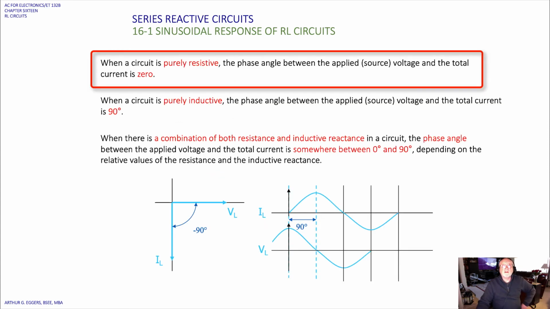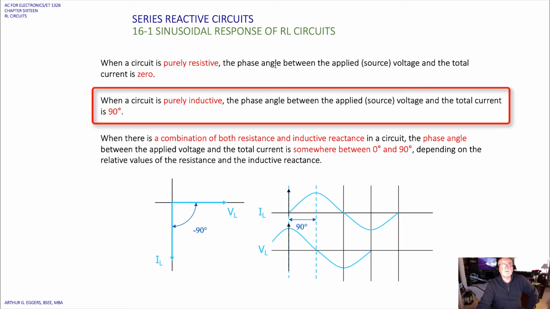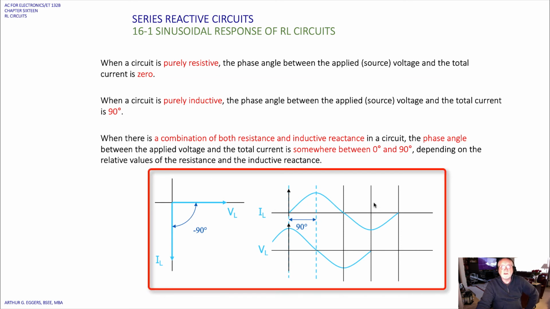When a circuit is purely resistive, the phase angle between the source applied voltage and the total current is zero. So there's no phase angle with just a resistor, and we've seen that. When a circuit, though, is purely inductive, the phase angle between the applied source voltage and the total current is 90 degrees out of phase. So we can see that both in the sinusoidal representation and the phasor representation.